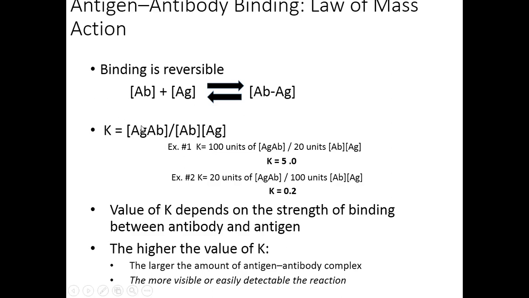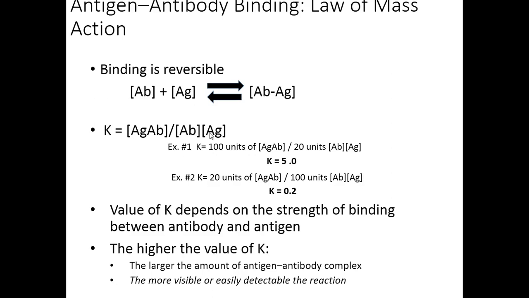And so it's going to factor in that rate of whether it's going to bind or dissociate. How strong is the bond that it's either going to bind or dissociate? And it's characterized by the concentration of the complexes that are bound, the antigen-antibody bound, divided by the free reactants, the antibody times the antigen, right?